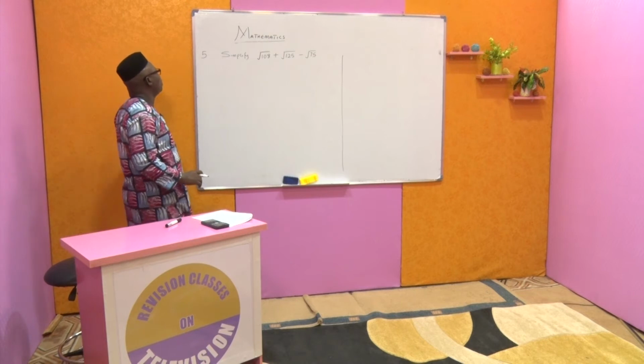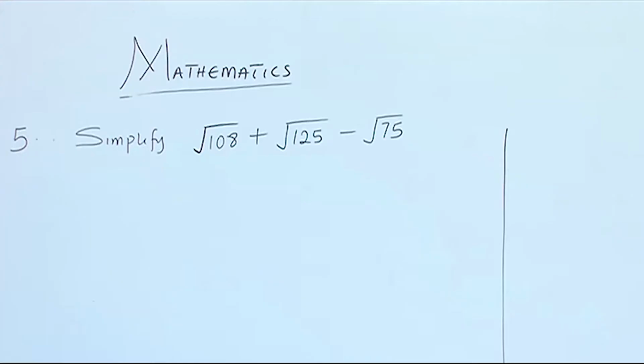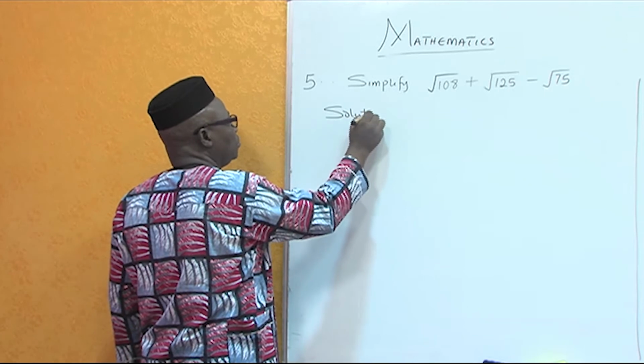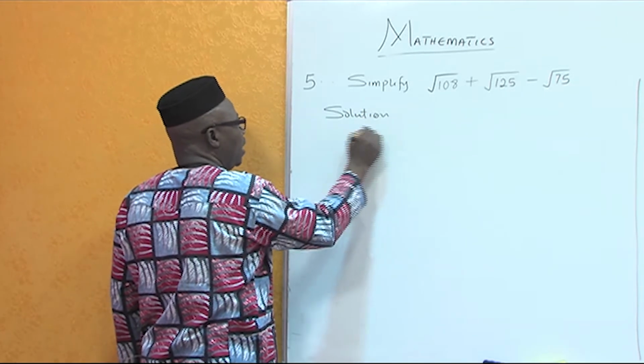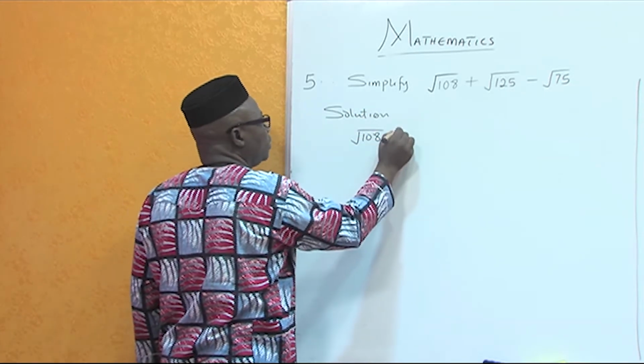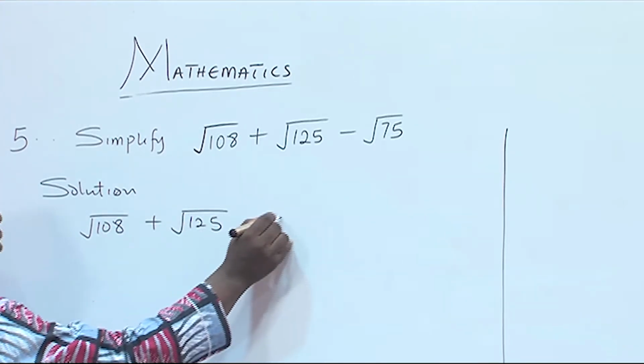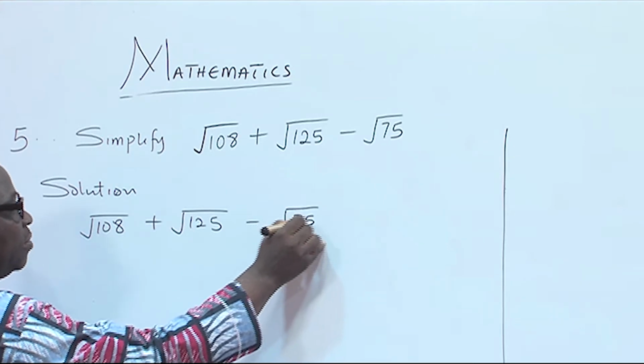Looking at this particular question, we are to simplify root 108 plus root 125 minus root 75. So our solution: we have root 108 plus root 125, then minus root 75.